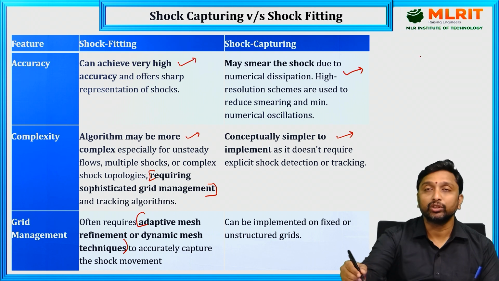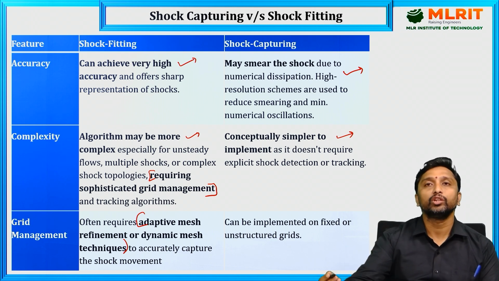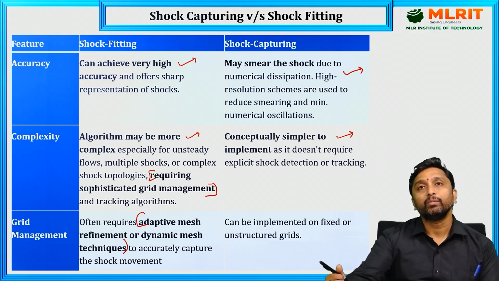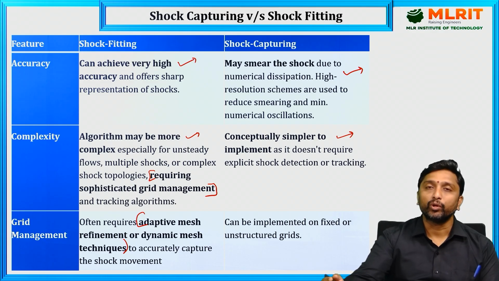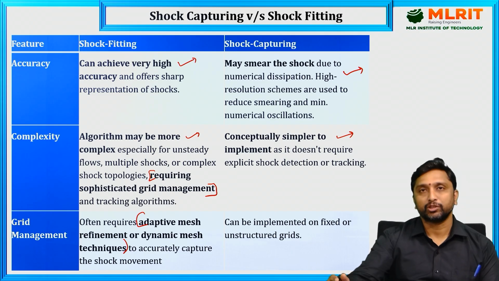If you see the shock capturing technique, cells are distributed evenly all over the domain. So because of that, it has to calculate at all the points, which slightly increases the computational effort for complex problems.